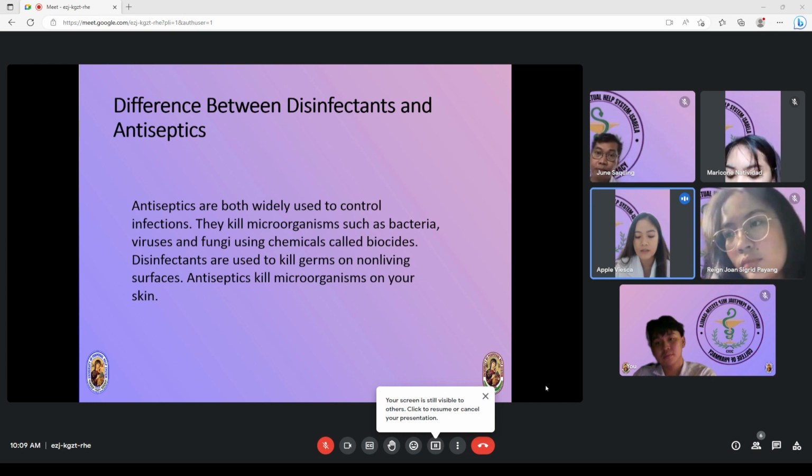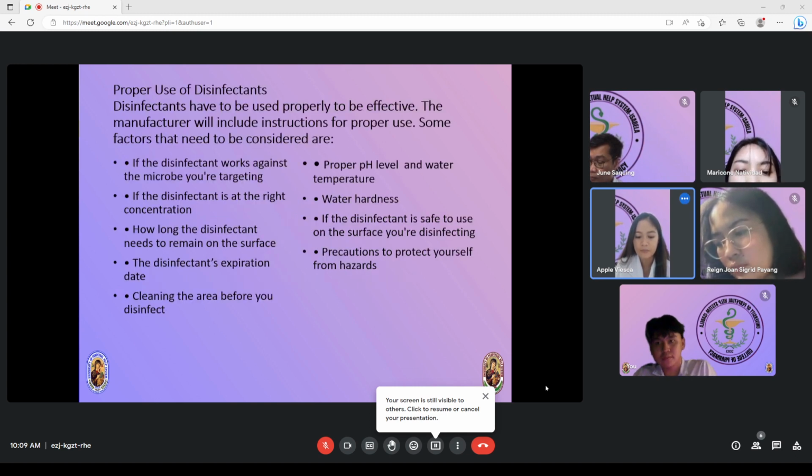Antiseptics don't cause any harm to living tissues, while disinfectants cause harm to the tissue as they are toxic in nature. In antiseptics, phenol has a concentration of 0.2, while in disinfectants, phenol has a concentration of 1.